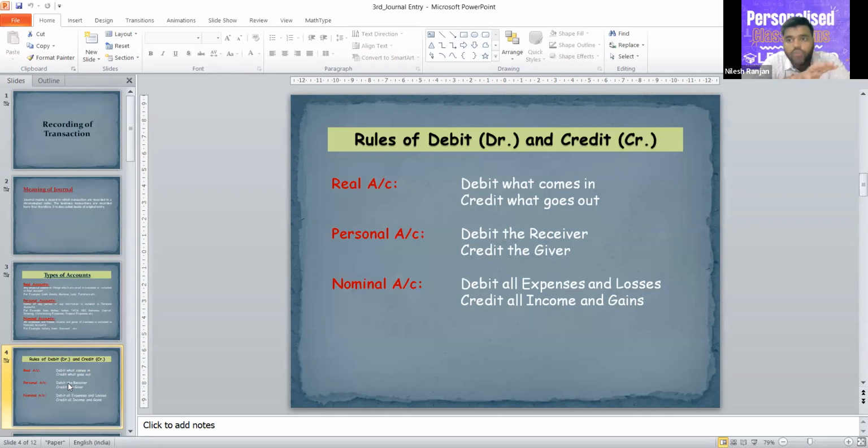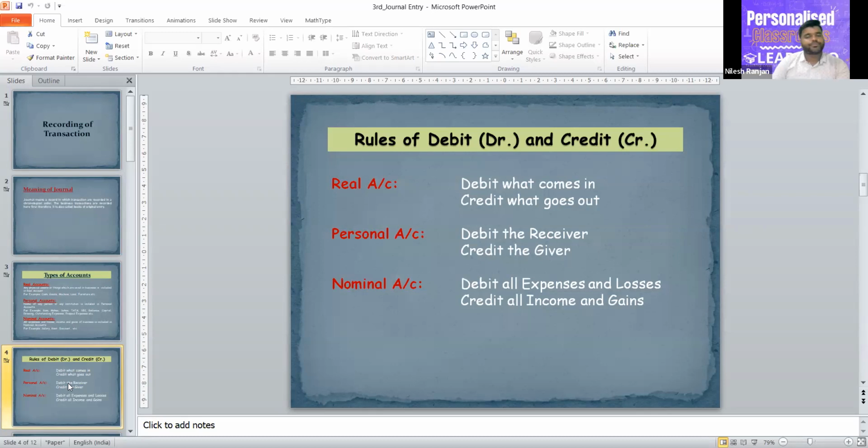Actually, in a real account, we are talking about all the real accounts of business, not only cash. If we are doing a transaction in furniture, land, building, or machine, every item is a real account for us, and we have to apply these rules of a real account, that is, debit what comes in, credit what goes out, on those items.